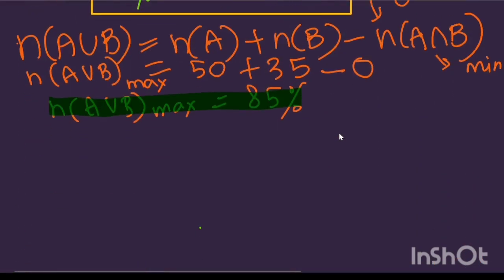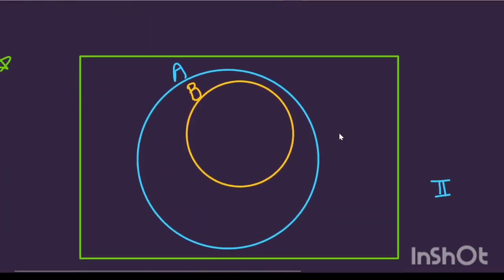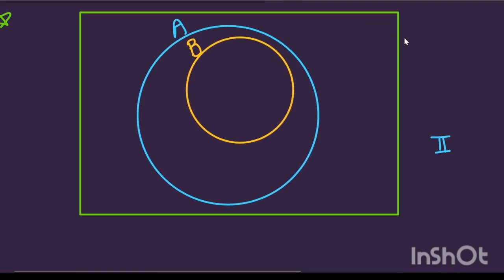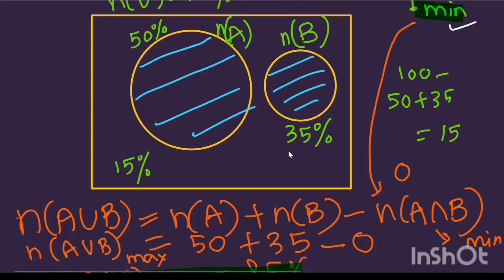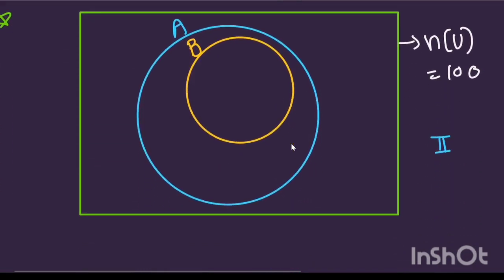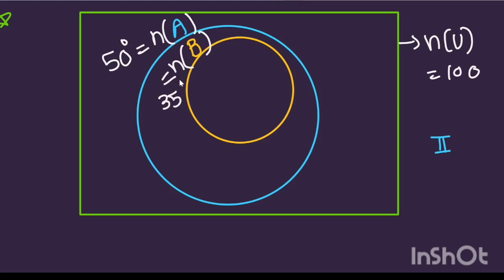Now let's discuss the second case, where Nu is 100. A was 50, B was 35. So in this case Na, this circle is 50, and the Nb circle we will draw inside because Nb is lesser than Na. So Na is 50, Nb is 35.